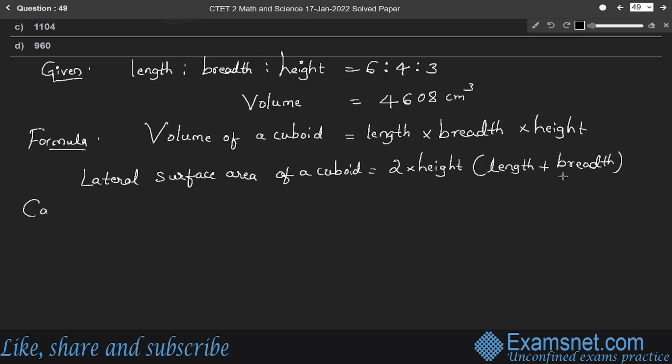So come to the calculation part. So since length, breadth and height are in the ratio 6:4:3, the length of the cuboidal box will be 6x.